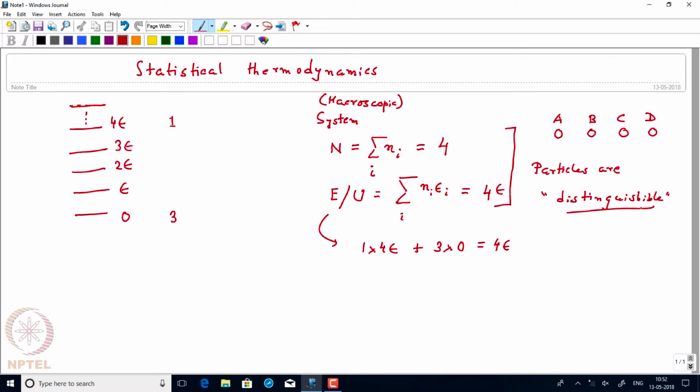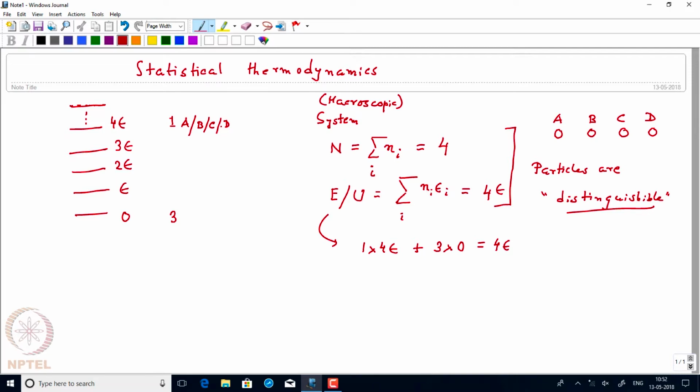If the particles are distinguishable, meaning we can distinguish or separate one particle from any other particle, then this distribution, the way I have written it, with 3 particles in energy 0 and 1 particle in energy 4 epsilon, will have many realizations. Why? Because this one particle can be particle A, or particle B, or C, or D. When I choose particle A in energy level 4 epsilon, B, C and D are in energy level 0.